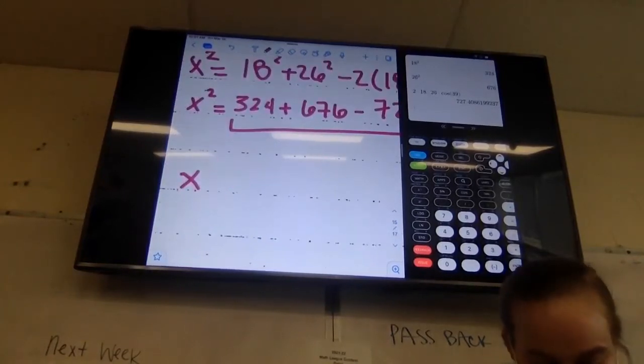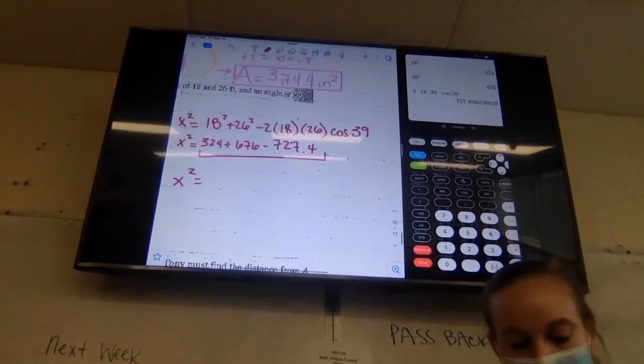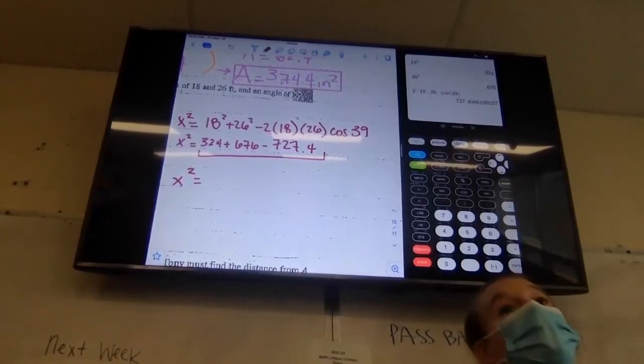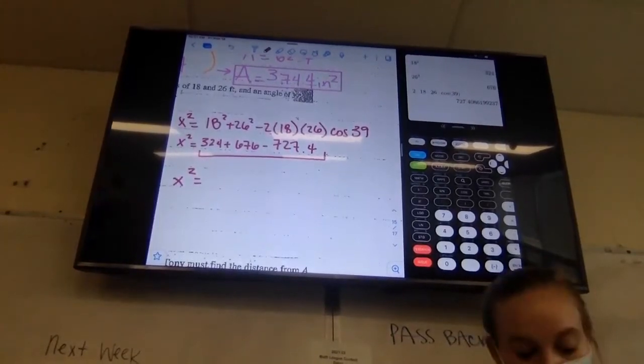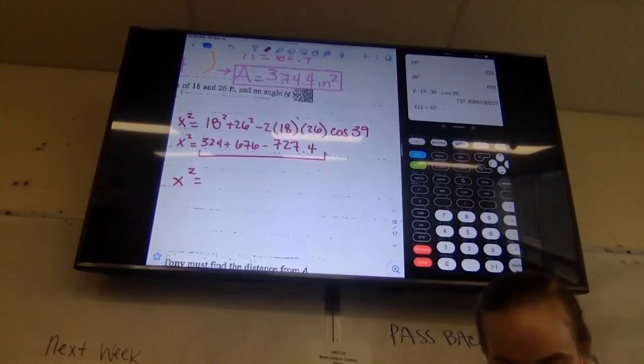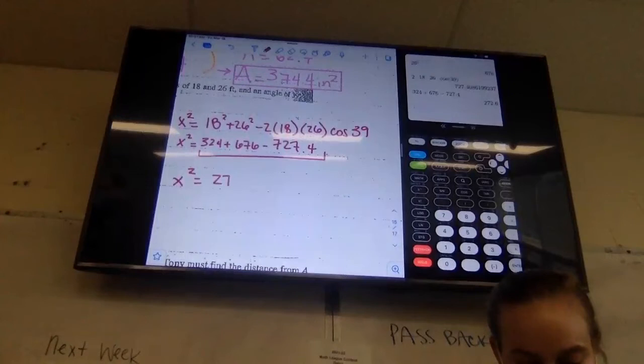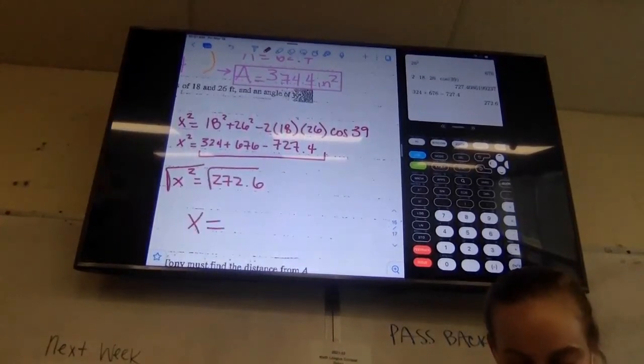Don't mess around with that. Do you do 2 times 18 times 26 times cosine of 39? Yep. Since we have a number for cosine 39, you can do that too. And now I can combine them all together: 324 plus 676 minus 727.4, and I get 272.6, and then we just square root, and that's my answer.